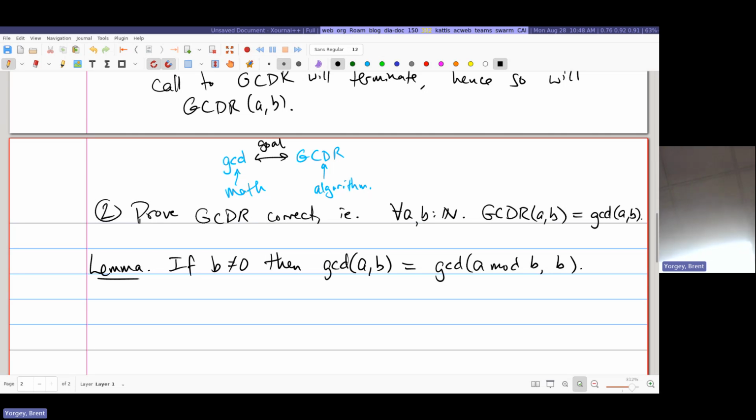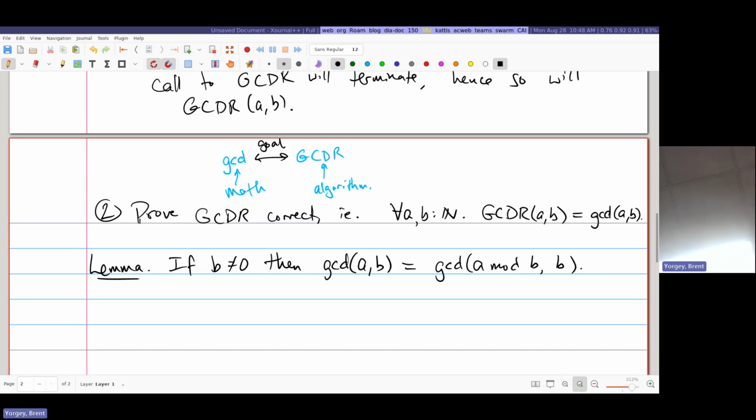Did you mean to do A mod B, B instead of B? I did. Can you explain why? Is that because you're just making A smaller? Yeah, well, you could state it with them switched, because GCD is symmetric, and we're going to use that fact, that you can swap the arguments, and it doesn't matter.